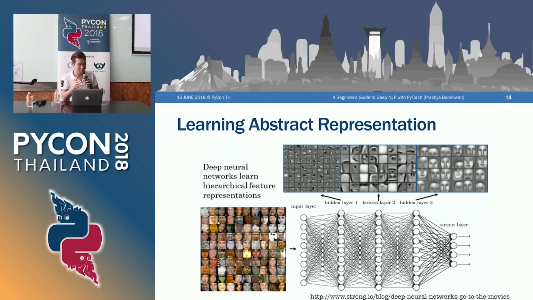The first layer will learn splotches, like patterns of dark spots and light spots, for example. But the next hidden layer learns more from the splotches, so you can gain the eyes, the nose, the mouth, the lips, for example.